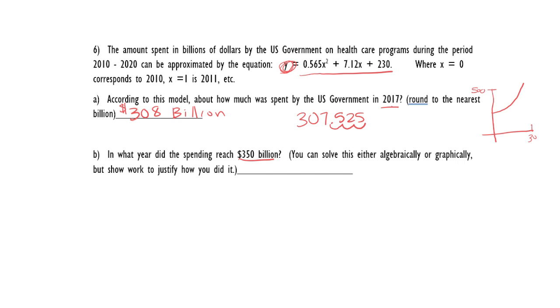You're doing your numbers, remember. And then what you're going to get when you hit graph is a horizontal line coming through here at 350. And what you want to find is that spot right there where they cross. Okay, that's the intersection.